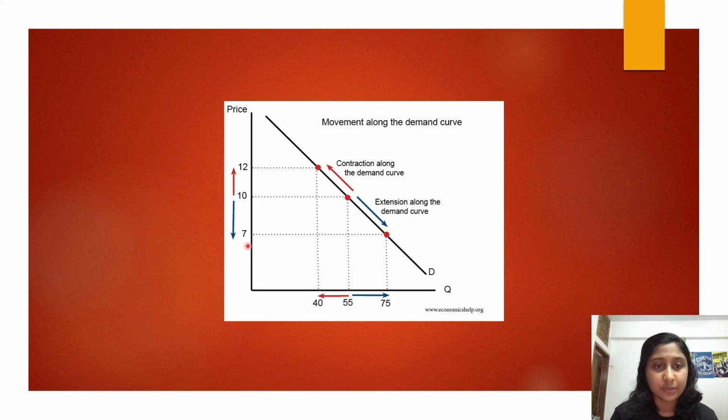So as the price decreases, the quantity demanded increases. The opposite happens in contraction in demand. You can see the price is increasing from $10 to $12, and thus it causes the quantity demanded to decrease from 55 to 40. This is what we mean by extension and contraction in demand.